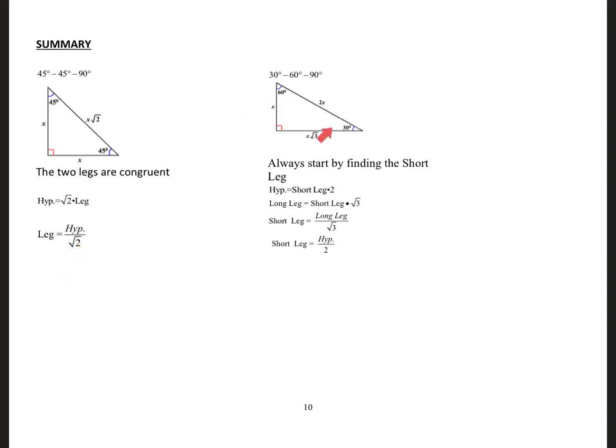For the 30-60-90, you start with the short leg. To get the hypotenuse, you multiply by 2. To get the long leg, you multiply by square root of 3. I also want you to notice that the 90 degree angle is opposite the longest side. The next longest side is the one with root 3, so it's opposite the next angle. They are going in the middle.